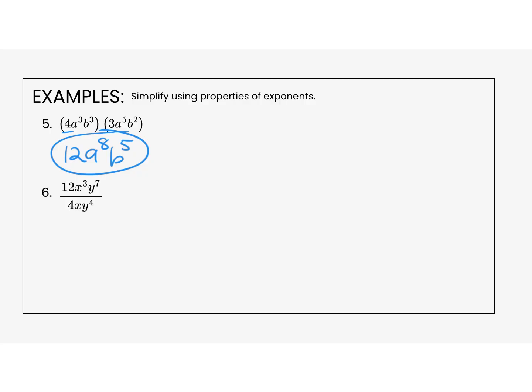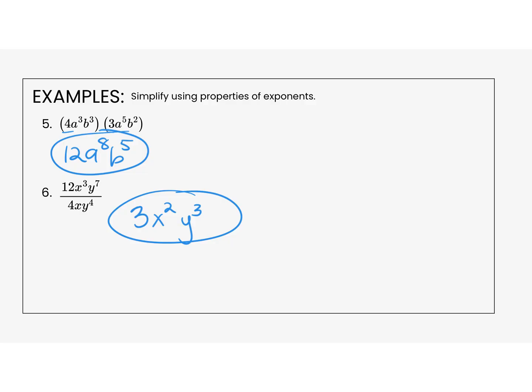So again, coefficients, same rules apply as typical. So 12 divided by 4 is 3. X squared over x, I'm subtracting. So 3 minus 1 is 2. 7 minus 4, oops, I wrote 7, is 3. So 3x squared y to the third.